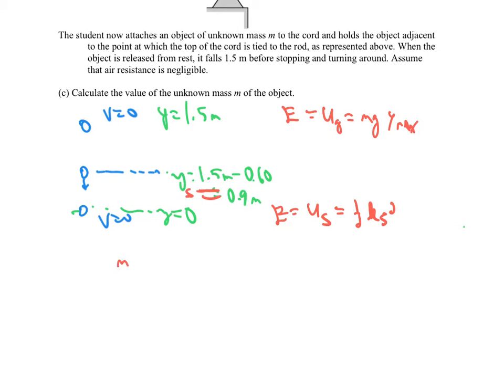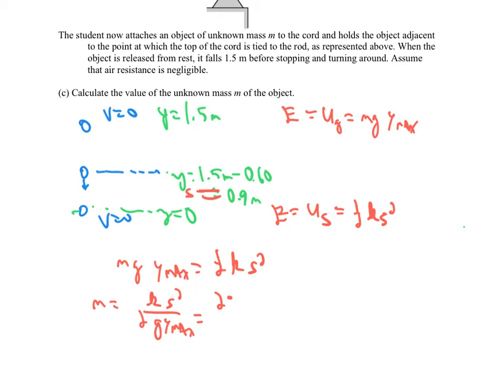So I can just say mgy max equals 1/2 ks squared. So m must be ks squared over 2 gy max, or 28 newtons per meter, according to my earlier thing.